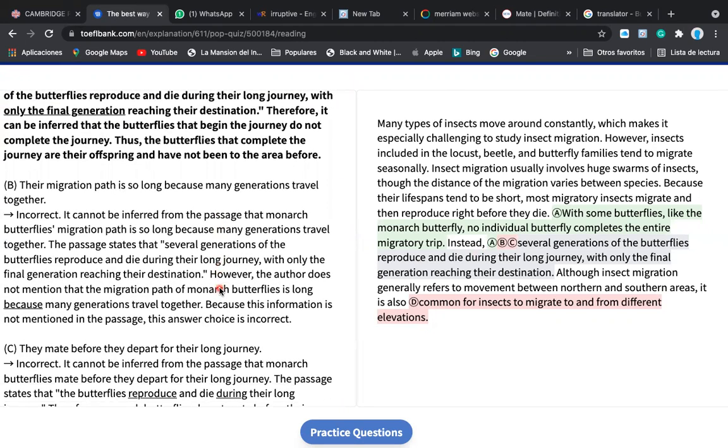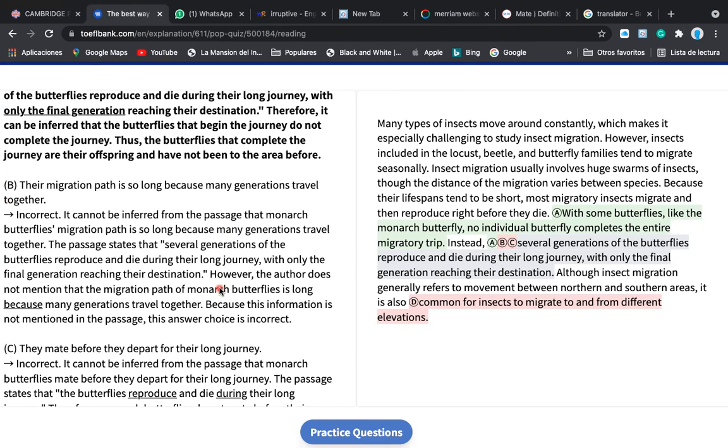Their migratory path is so long because many generations travel together. Incorrect. It cannot be inferred from the passage that the monarch butterflies' migration path is so long because many generations travel together. The passage states that several generations of butterflies reproduce and die during their long journey, with only the final generation reaching their destination.